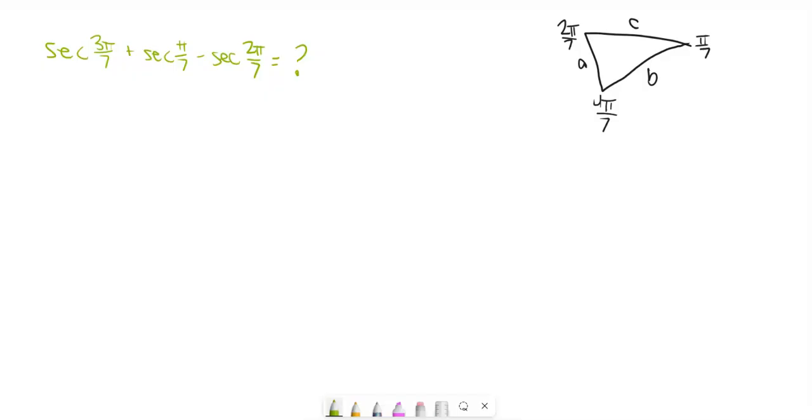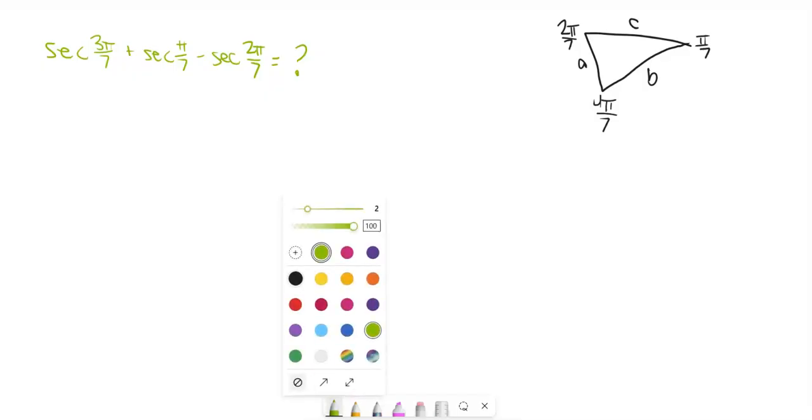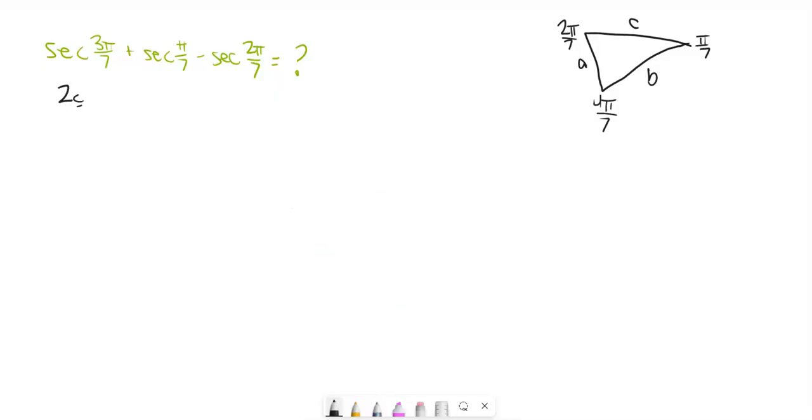So what we're going to do is write down the variable ratios that we derived earlier, and that will be 2c over a plus 2a over b minus 2b over c.